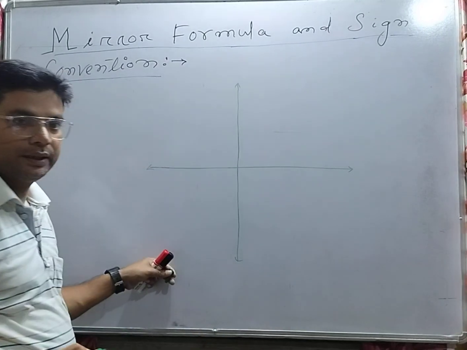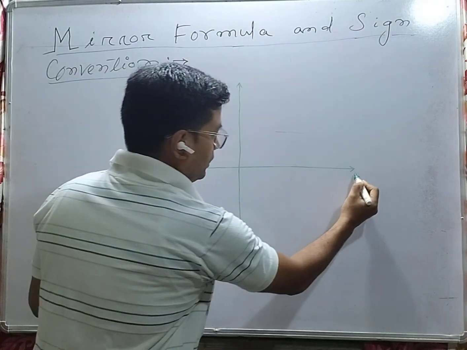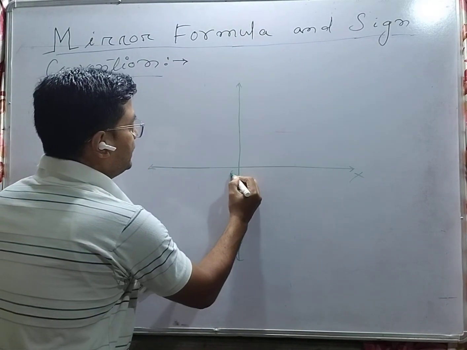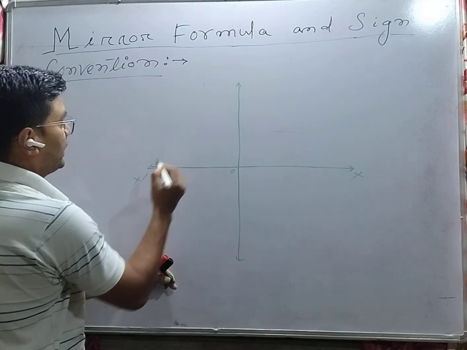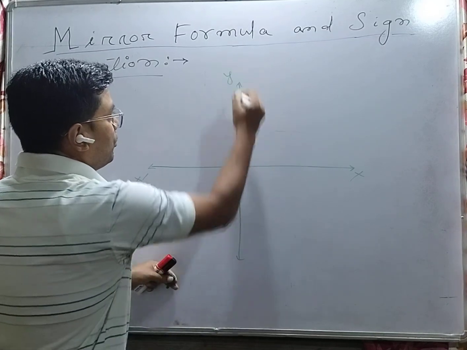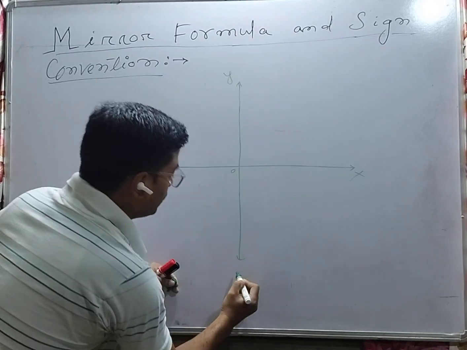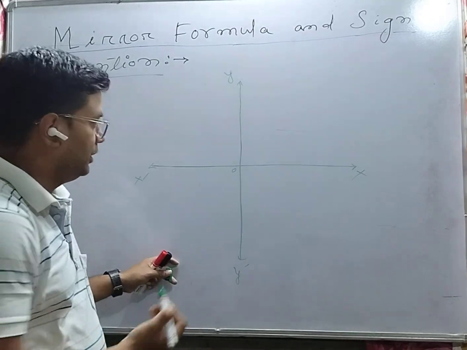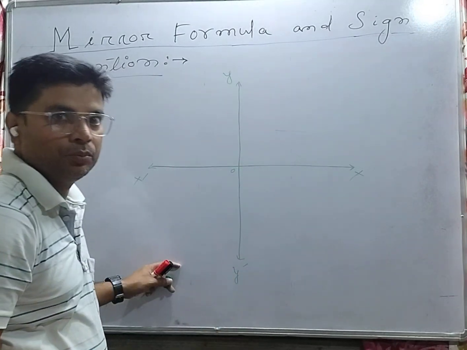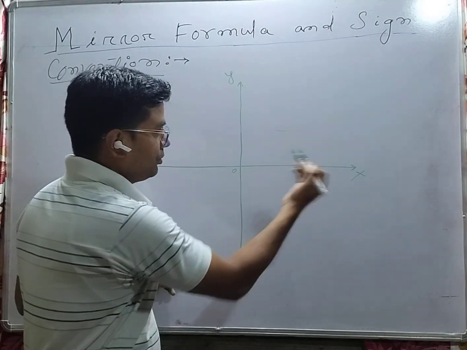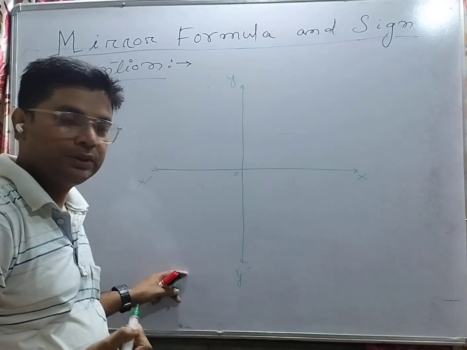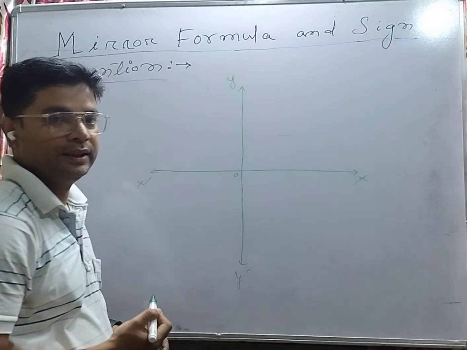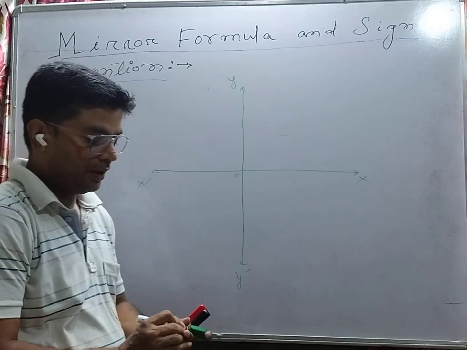We all know about the rectangular coordinate system. Now this is x and it is O and it is x dash. Above the origin it is y and below the origin it is y dash. Above the origin it is positive and below the origin it is negative on the y axis, and right of the origin it is positive and left of the origin it is negative.